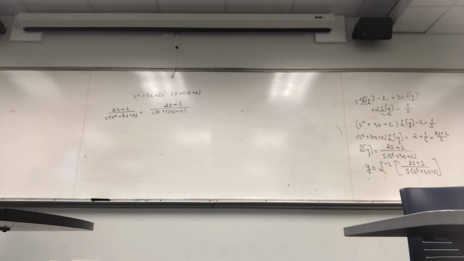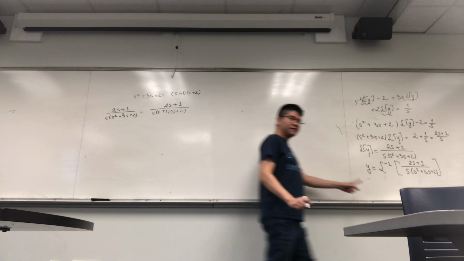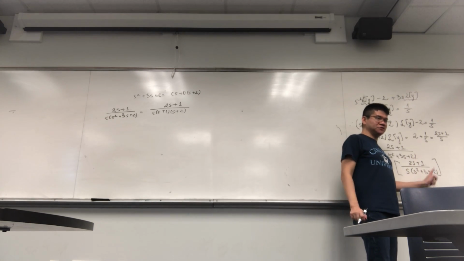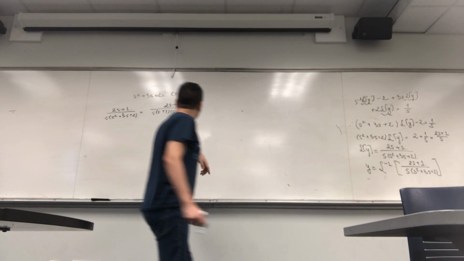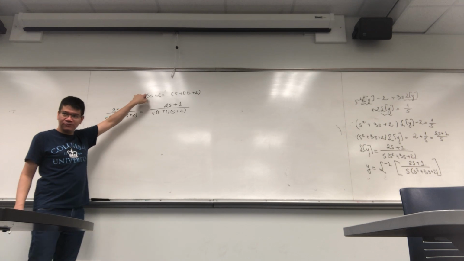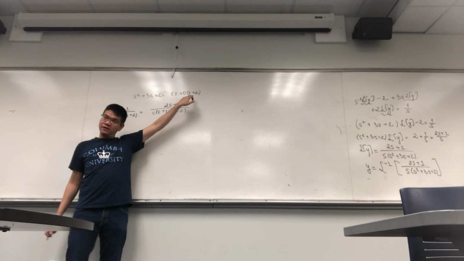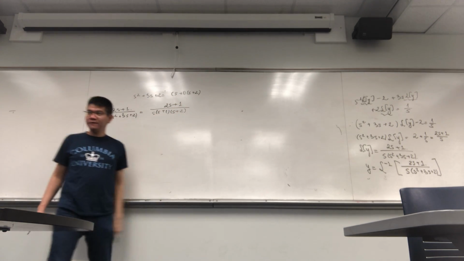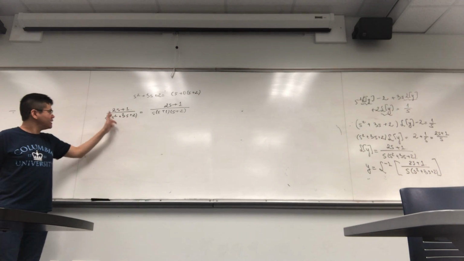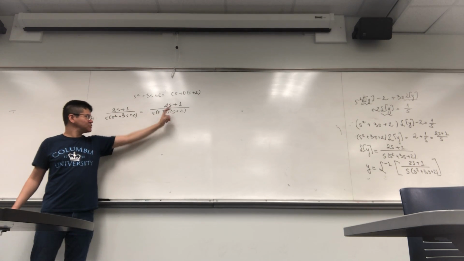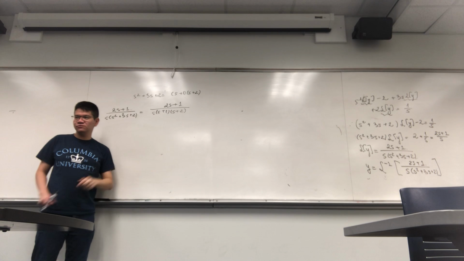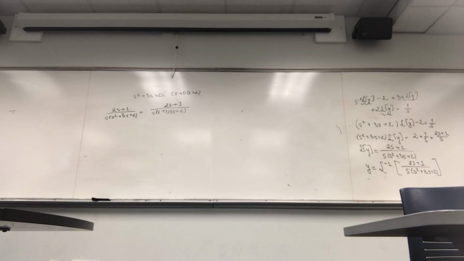I explain again. On the right hand side, I have s squared plus 3s plus 2, which is s plus 1, s plus 2. So this is going to be 2s plus 1 over s plus 1, s plus 2. So what is the next step?